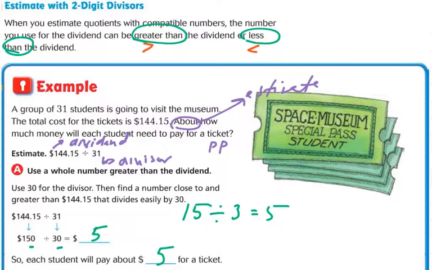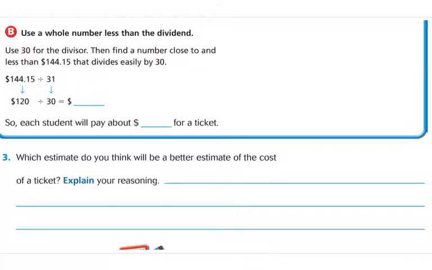We're going to go less than 15. A multiple of 3 less than 15 would be 12. We know that 12 divided by 3 is equal to 4. So we can build back up to a larger number. 120 divided by 30 would give us $4. So each student will pay about $4 for a ticket.